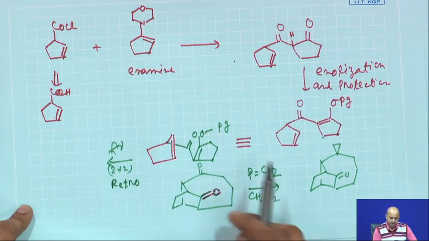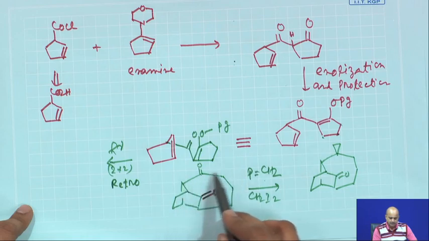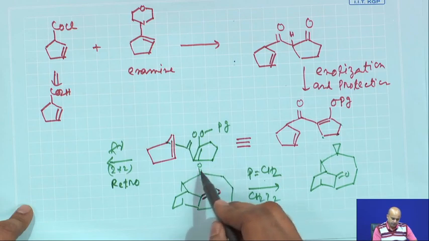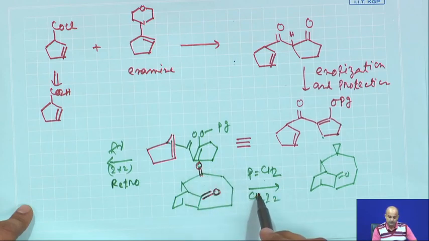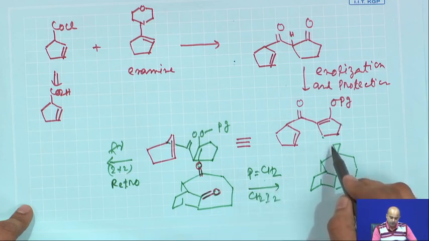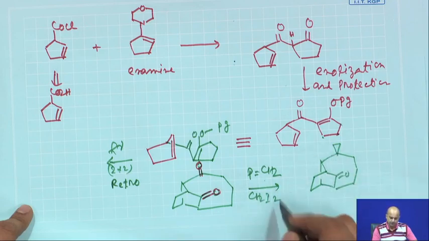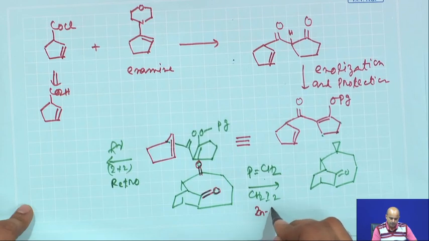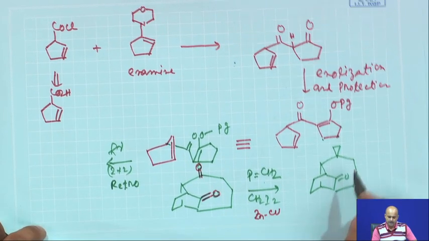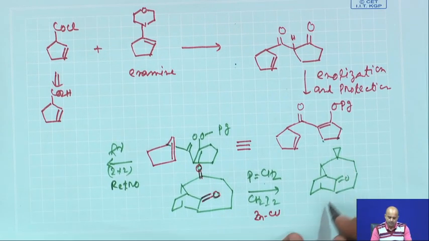This ketone is buried inside the 7-member ring, sterically more congested. On the contrary, this ketone is free. You do a Wittig reaction here first to get the double bond, then you do a Simmons-Smith reaction with CH2I2 and zinc copper couple.